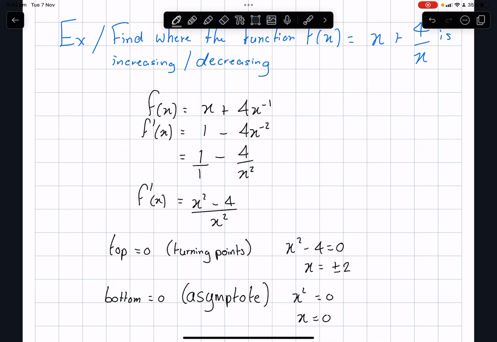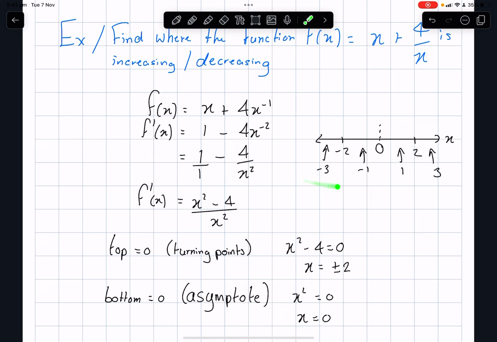So that means when I do my sign diagram up here, I actually have 3 points of interest. I have -2 and 2, but then I have an asymptote at 0. So we've got to denote our asymptote with a dotted line. We still do everything else exactly the same. So -3, -1, +1, +3.